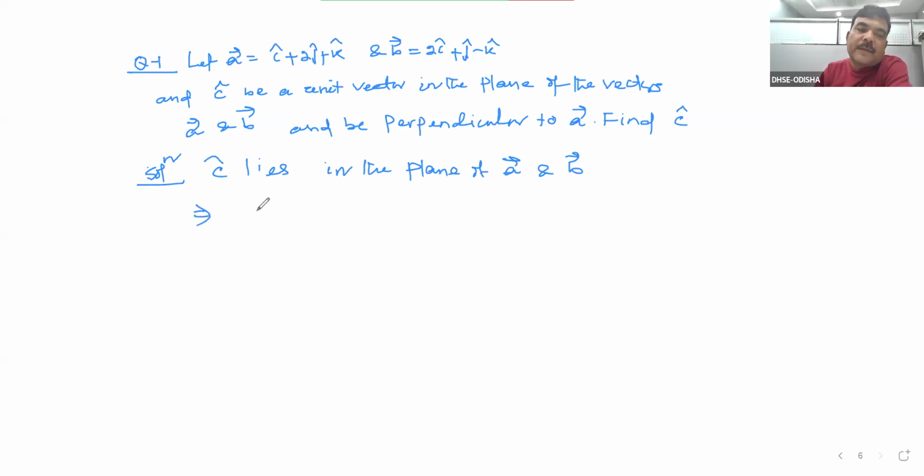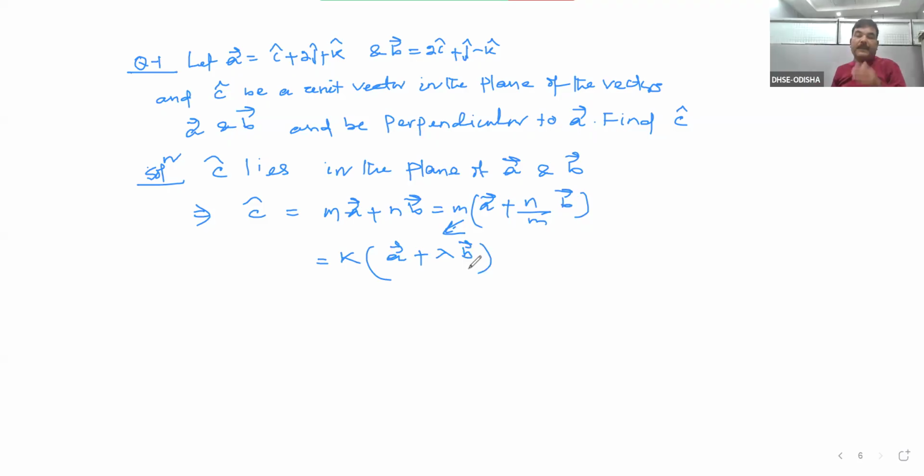This implies we can write C is equal to M A bar plus N B bar. Taking M common, M times A bar plus N upon M B bar. Consider this constant as K and N upon M as lambda. Then C is equal to K times A bar plus lambda B bar.